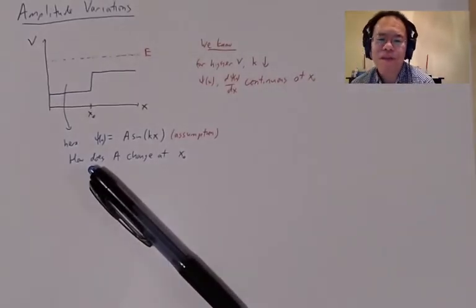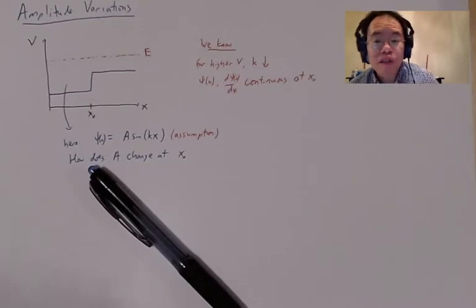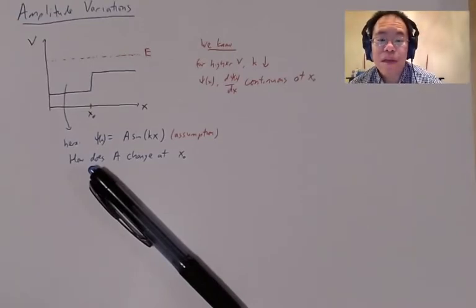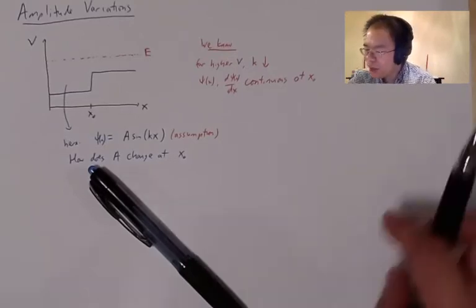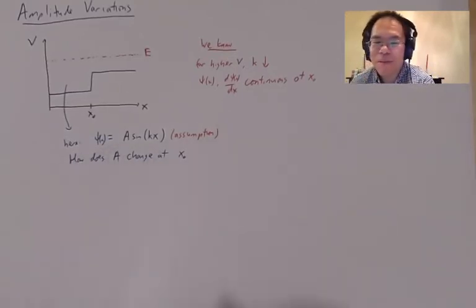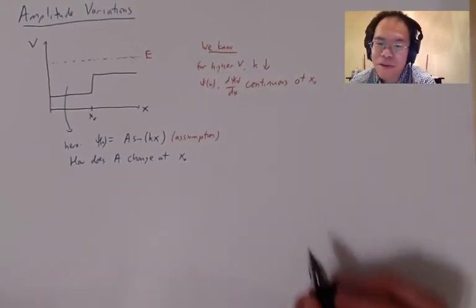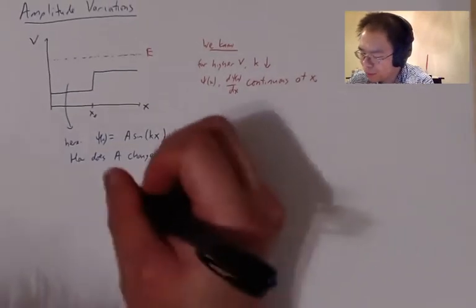And so the trick is to try to come up with a relationship between the amplitude A and my wave number and the wave function and its derivative. And it's not maybe immediately obvious how to do this, but it turns out to be doable in the following way.